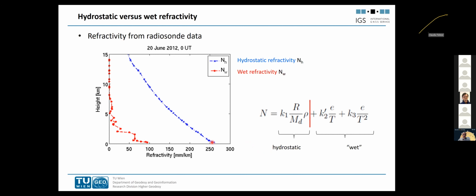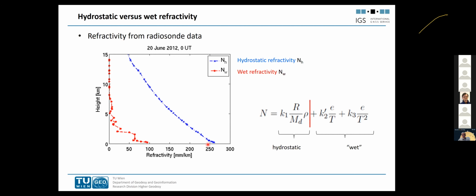So the pressure value at the site is a very convenient quantity to characterize the hydrostatic part above you. So that's for the hydrostatic part. On the other hand, this is not true for the wet part, because if you know the water vapor pressure, you do not know the vertical behavior of the wet refractivity. That's a big difference between those two quantities.